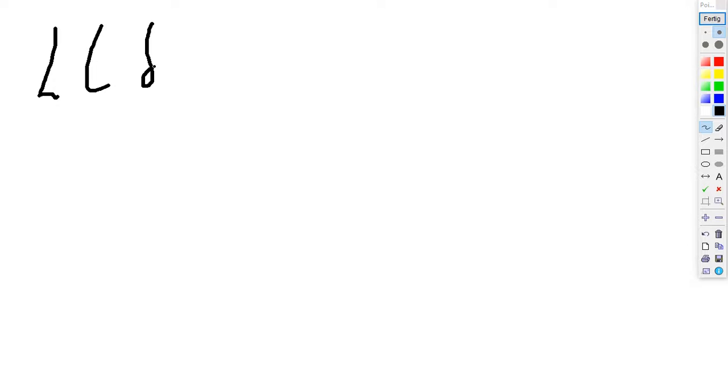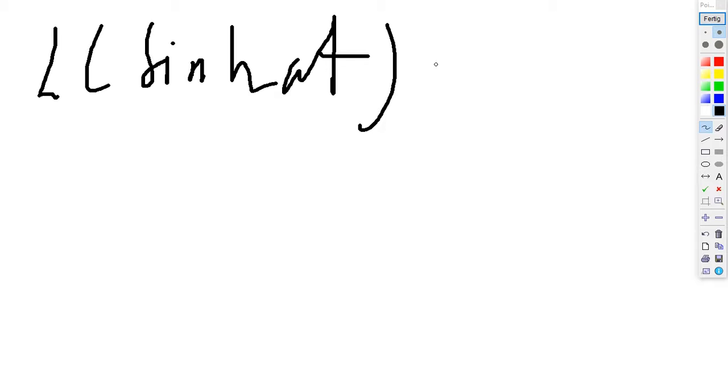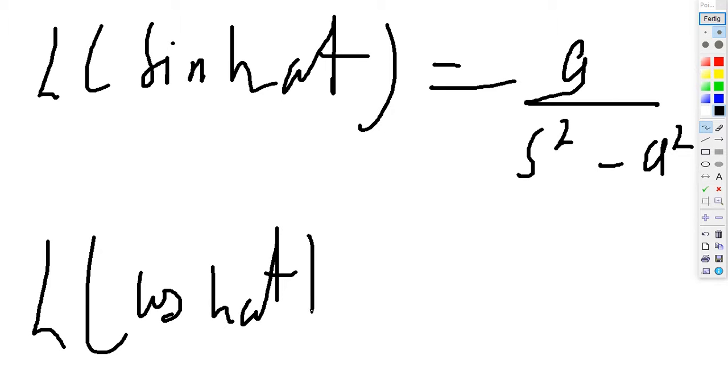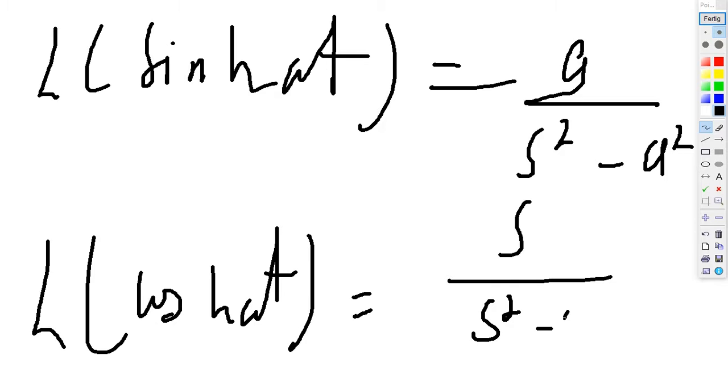Laplace of sinh at is the same as the trigonometric function, a by s square, but here it is a minus a square. For cosh at the Laplace is the same, s divided by s square minus a square. The inverse is also the same, only with a minus sign, so ignore this, and let's make some examples.